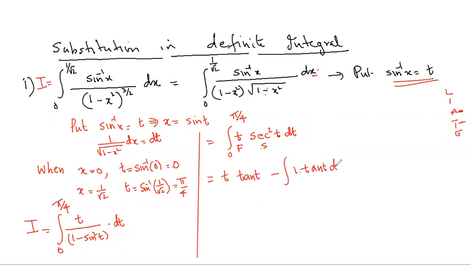I took a shortcut. You are also allowed to do this in the exam. So that became t tan t minus integral of tan t. The integral of tan t is log sec t.